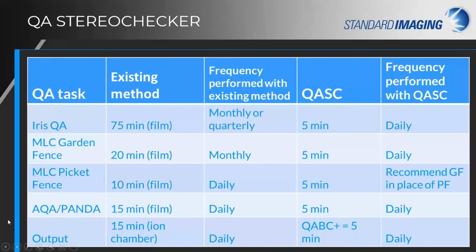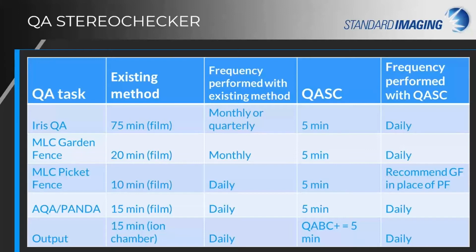Take the MLC picket fence test, for example. It is a recommended daily test. However, it is only a subjective test without any recommended test criteria to measure against. Whereas the garden fence test, recommended for monthly QA, does have test criteria and error thresholds recommended by Accuray.